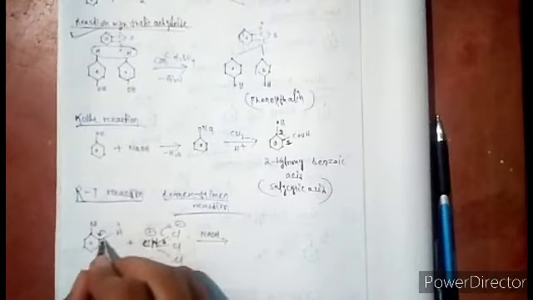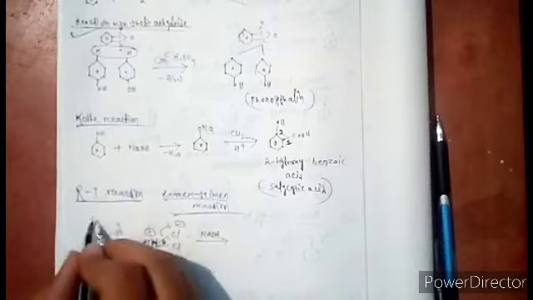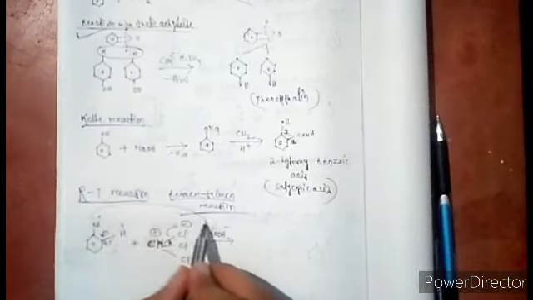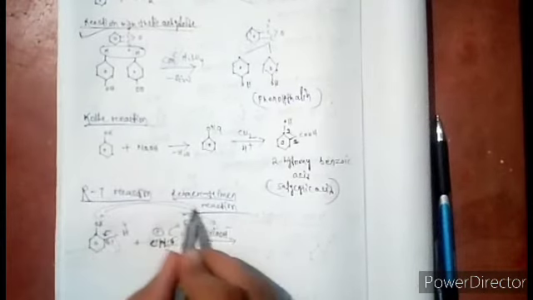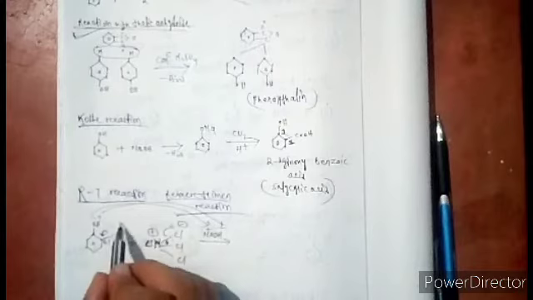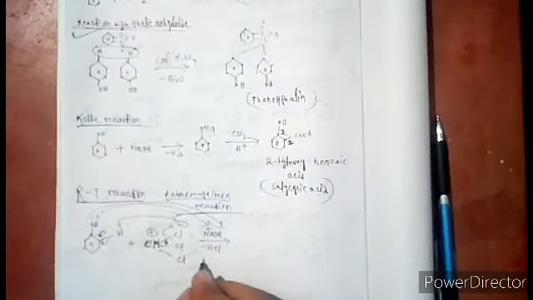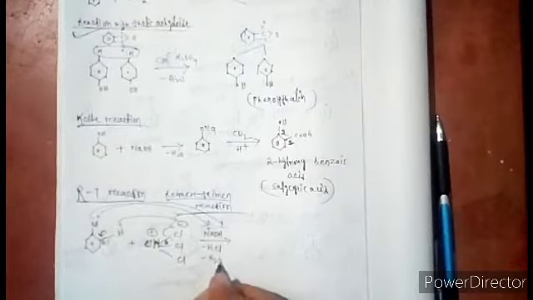positive. When this bond transports to this carbon atom, then it takes a negative charge, and this is a positive charge. This is negative, this is positive, this is positive, this is negative. Here the negative attaches to this positive, here the positive attaches with this negative. Here the hydrogen atom is attached to the chlorine, that is minus HCl. Here also minus water.